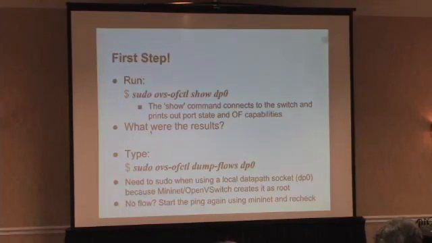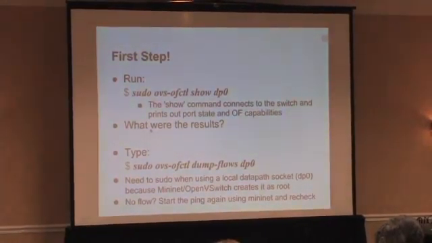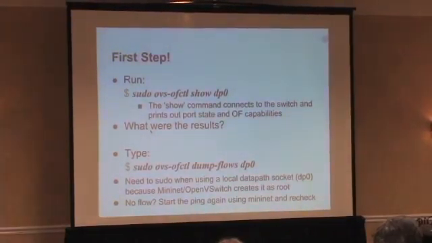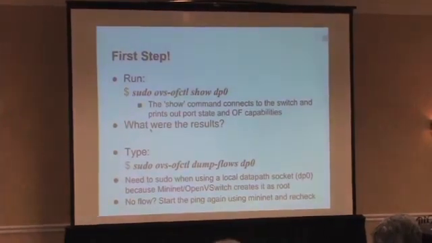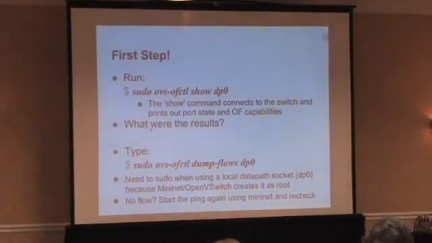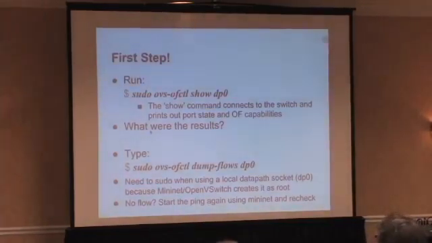Okay, so the next interesting command is sudo ovs-ofctl dump-flows dp0, and this will show any flows in the flow table that have been installed in the switch, and there should be pretty much zero. When you ran the show command, the kind of stuff you got back were things like the number and type of Ethernet devices and their Ethernet addresses, some stats about what the switch is capable of, that kind of stuff.